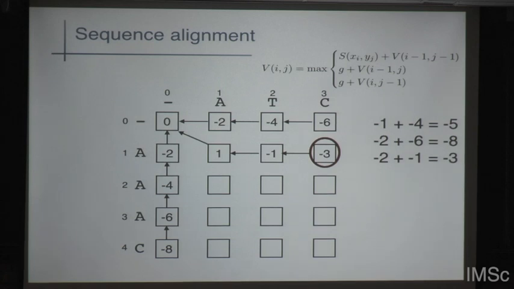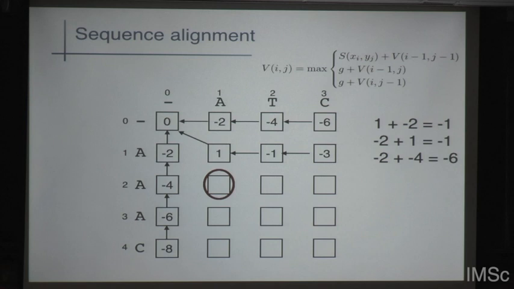Okay. So, what about the next one? What will it be? So you match A with an A, which is the first sign, or you match A with a gap, and so on.